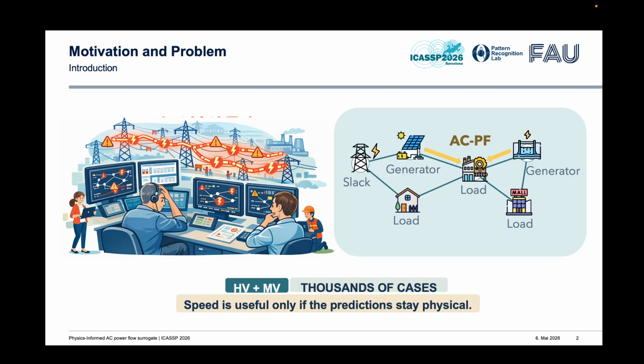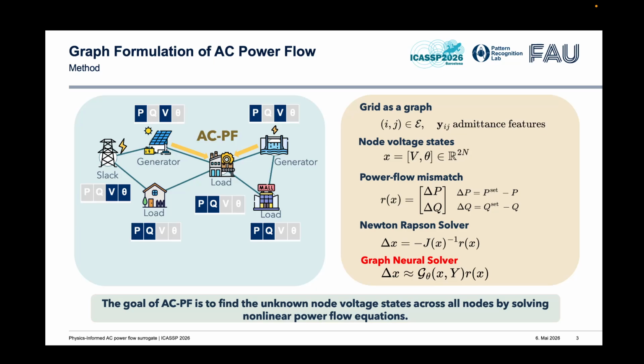Now I will formulate the AC power flow problem as a graph problem. As you can see here, the nodes are one of the types: slack, generator, or load. And the edge is the transmission line with line parameters.